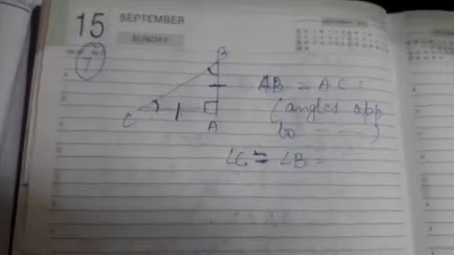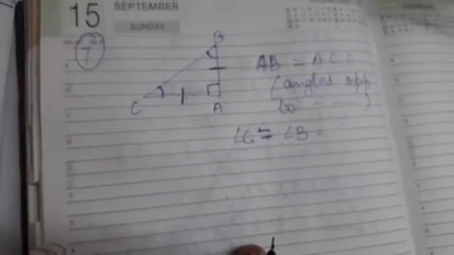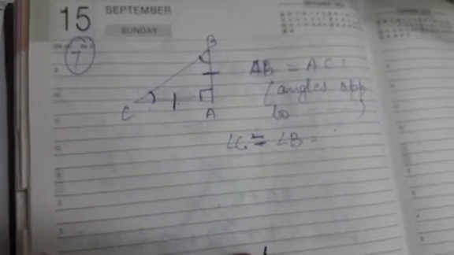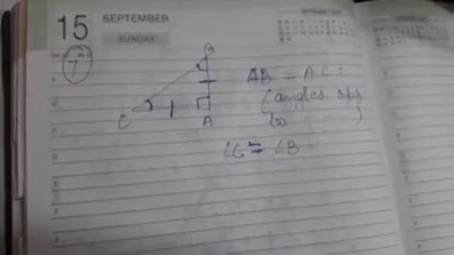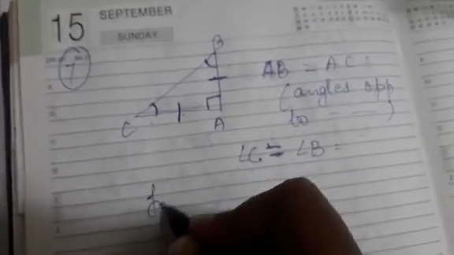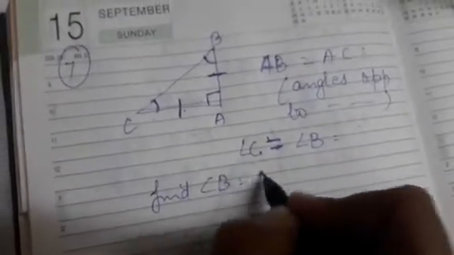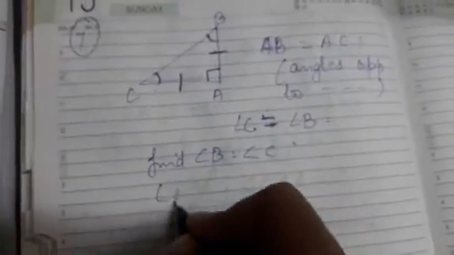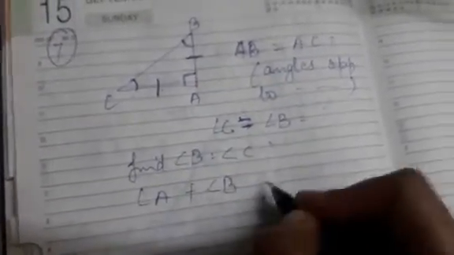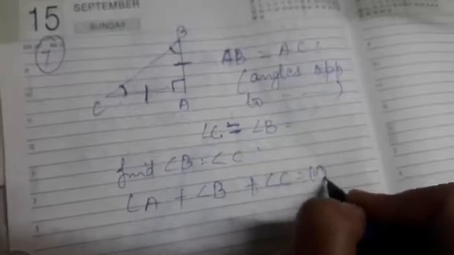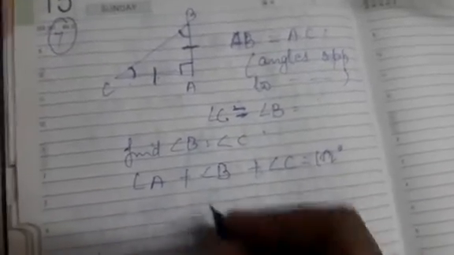Now you know that in a triangle the three angles sum up to how much? 180 degrees. What do we have to find? Angle B and C, right? So angle A plus angle B plus angle C is equal to 180 degrees because of the angle sum property.